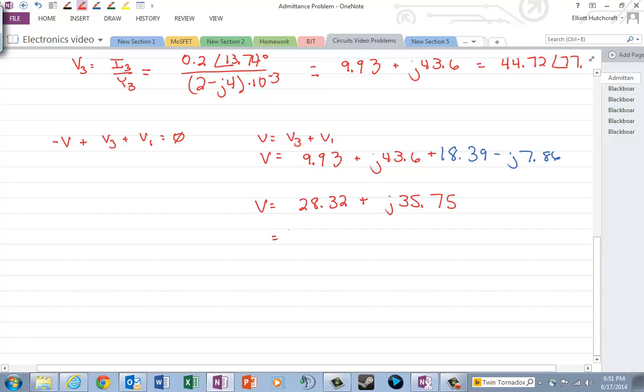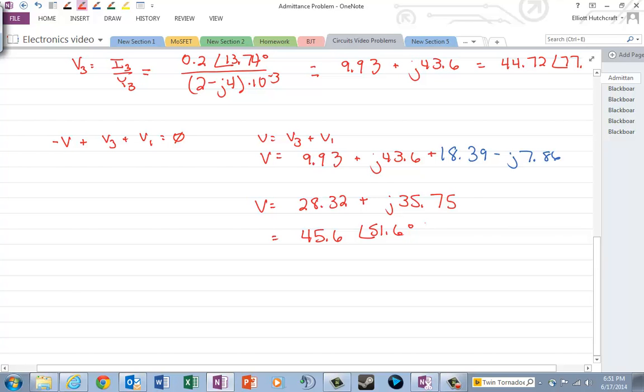That's the real plus j imaginary part, and in polar form this is equal to 45.6 angle 51.6 degrees.